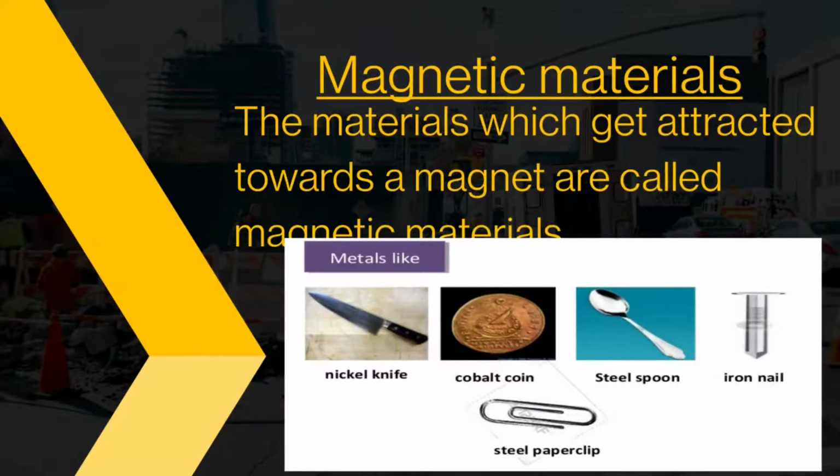First, the materials which get attracted towards a magnet are called magnetic materials. Examples of magnetic materials are iron, nickel, cobalt, and things made from iron, nickel and cobalt. These are all attracted towards a magnet, so they are called magnetic materials.